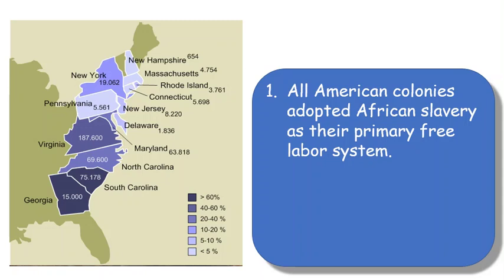We see a range from a low number of people in New Hampshire to a much higher number in Virginia.